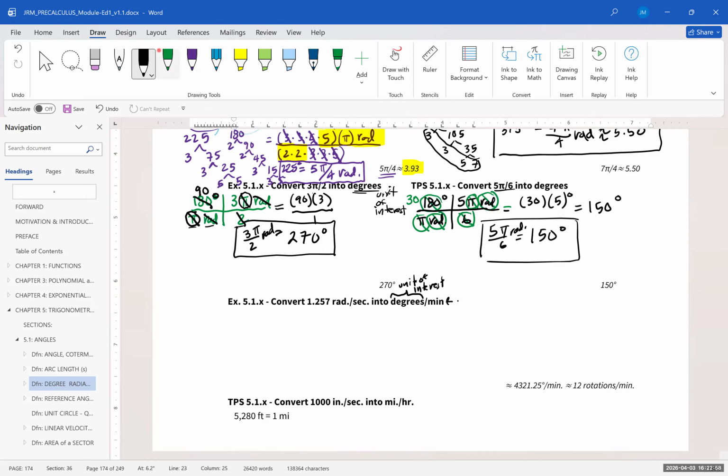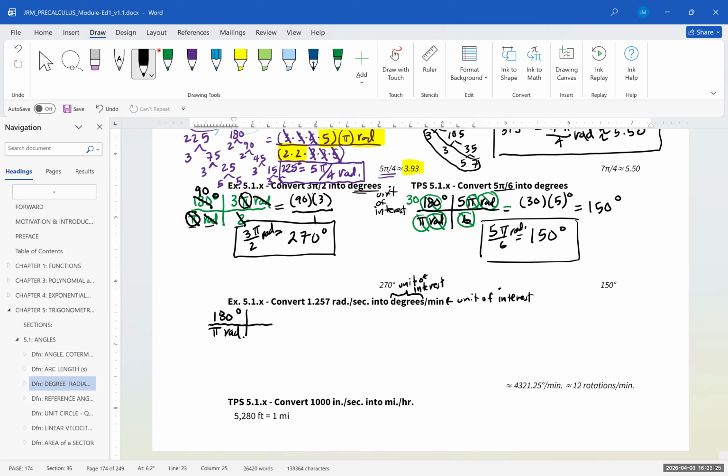So minutes are also a unit of interest. So I would say, start with one that appears to be the easiest and work from there. And so let's start with degrees. So we know that we've got 180 degrees is equal to pi radians.